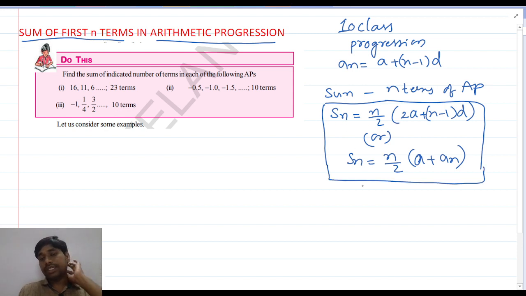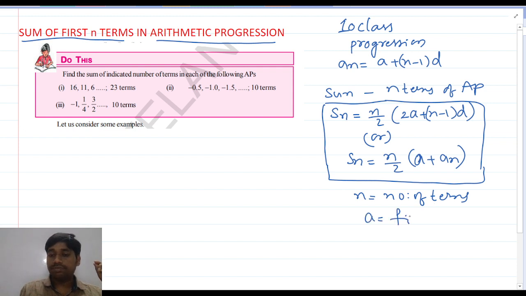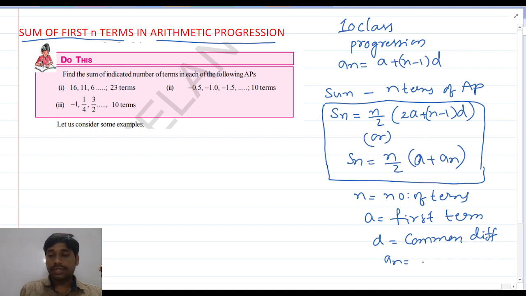Here n is the number of terms, a is called the first term, d is called the common difference, an is called the nth term, and Sn is called the sum of n terms.